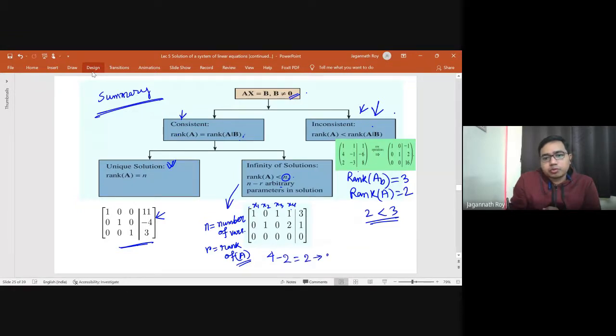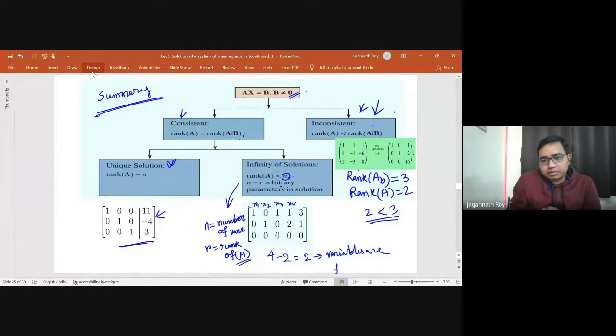Okay, 2 variables are free variables. So this is all the cases that we have.